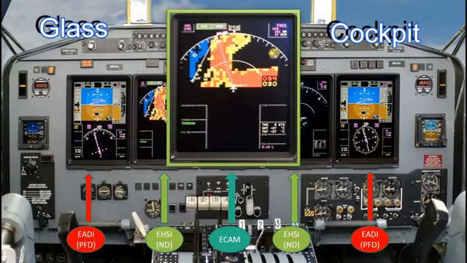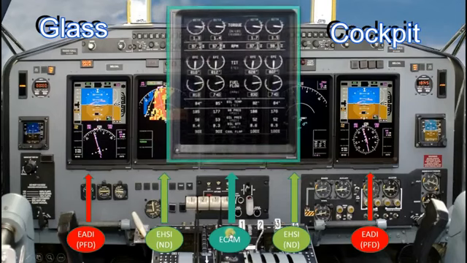Here in this example, we have a navigation display in which different colors represent the weather information. It's obvious that the weather radar information is also displayed on the navigation display, and the different maps, different waypoints marked by the pilot, and the different flight routes are also available on the EHSI.